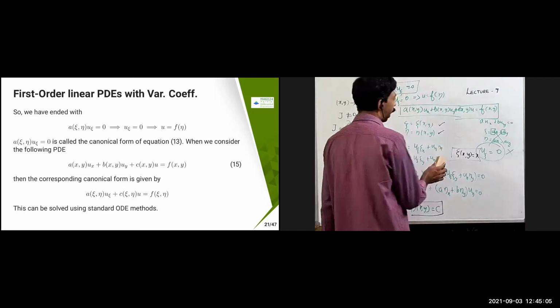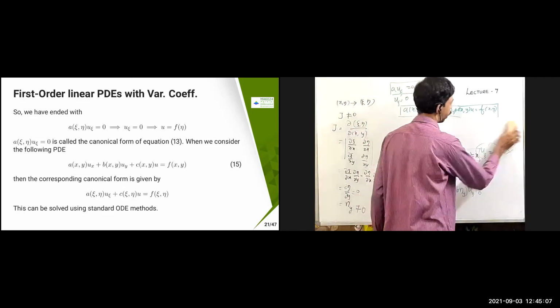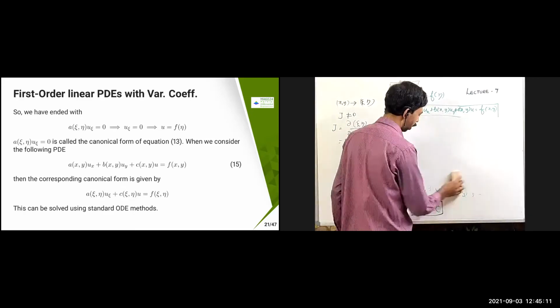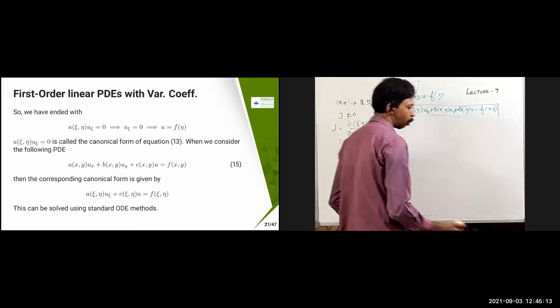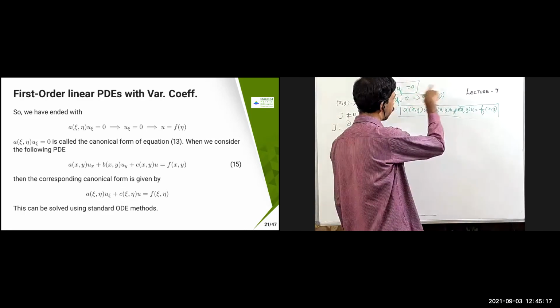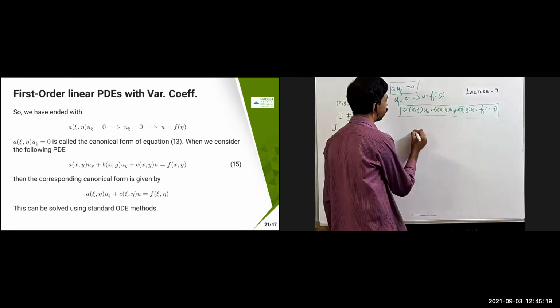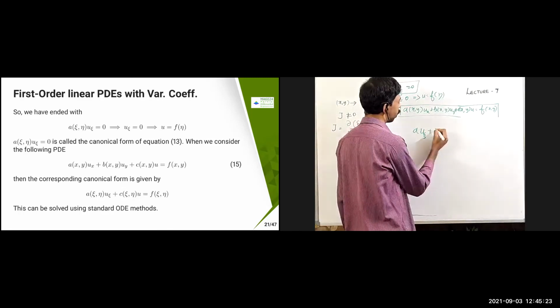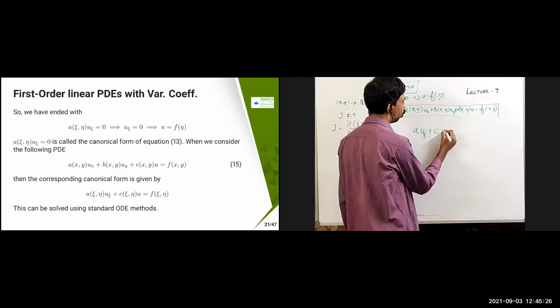Again, let us make this problem a little more complicated. Let us add c(x,y) and f(x,y). In this problem, a similar kind of setup is going to come. You do the same job whatever you did over here. So this becomes a u_chi plus c u equal to f.